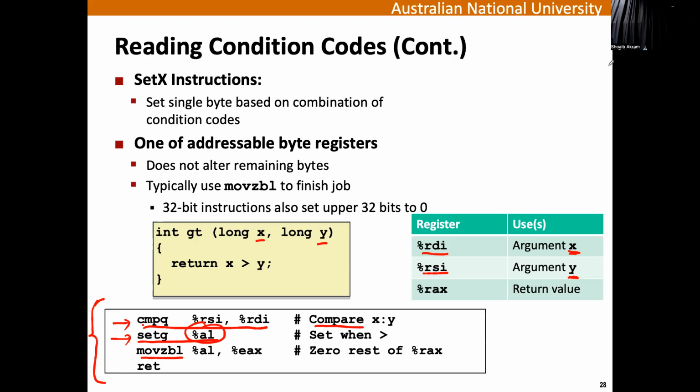What this instruction is really saying is move a byte into a long and zero everything else in the remaining bytes. When you move a byte to a long, how many bytes are left? How big is a long?